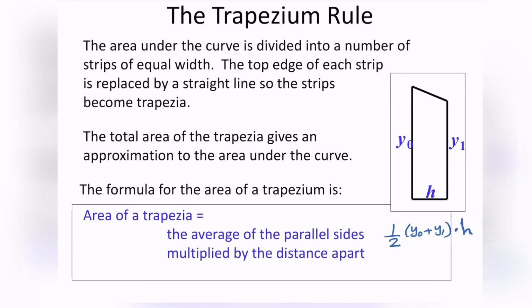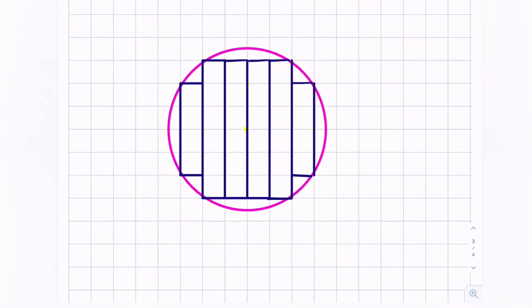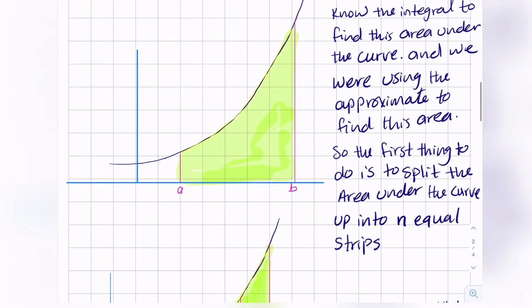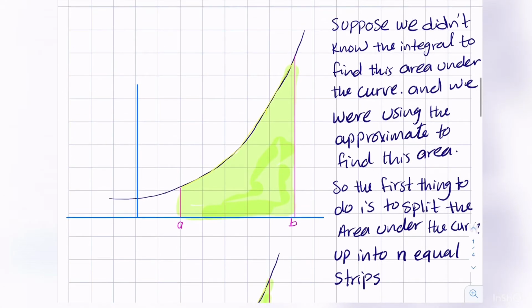So just write some notes here, just to show you this. Suppose we didn't know the integral to find this area, which is the green area here under the curve, then we can use the approximation to find this area.